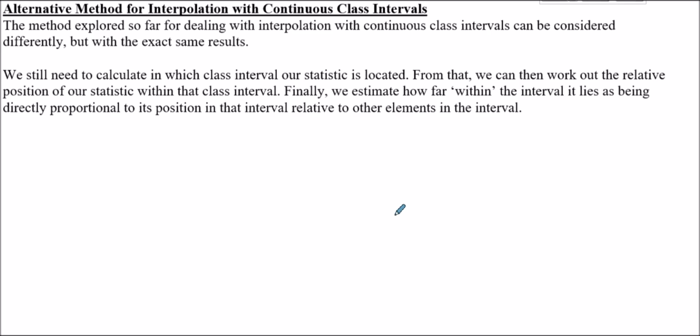Finally, we estimate how far within the interval it lies as being directly proportional to its position in that interval relative to other elements in the interval. So the assumption we're making here is that within any interval, the elements in that interval are evenly spread out. That's the assumption we're making when we interpolate.